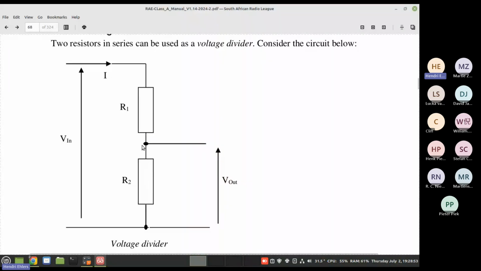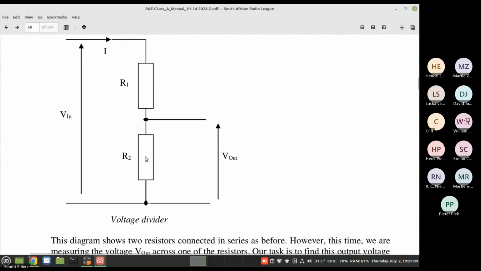You can change the ratio by changing the value of these two, R1 and R2. If you increase 1 and decrease 2, the voltage will go down, and vice versa. It's a very handy piece of knowledge to have for that purpose.